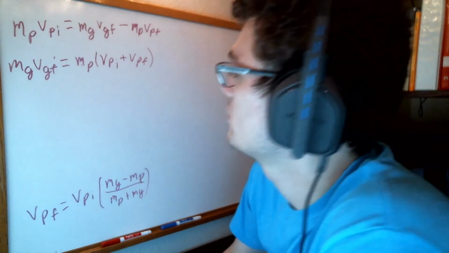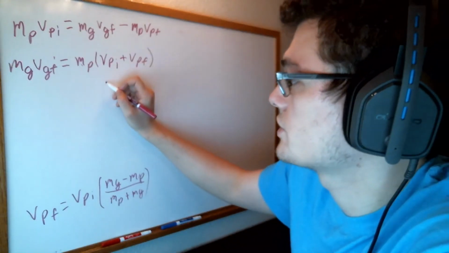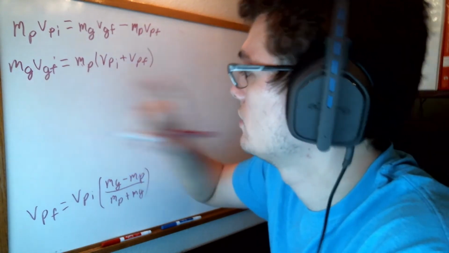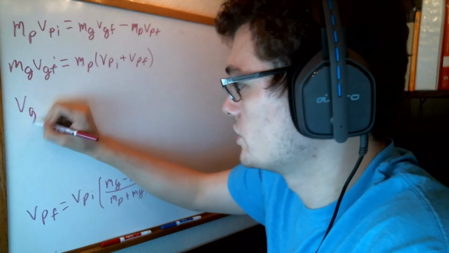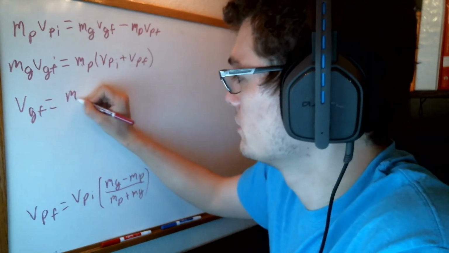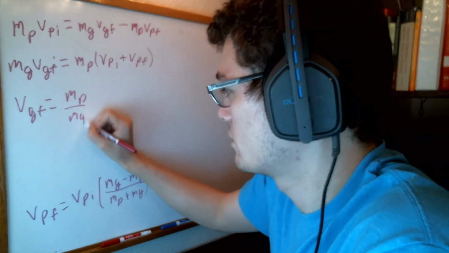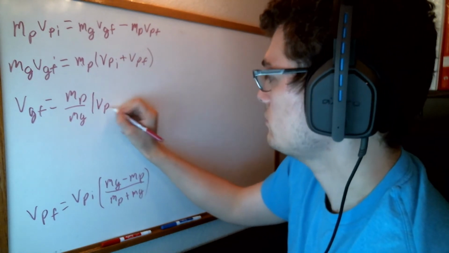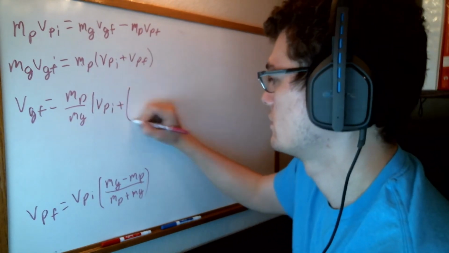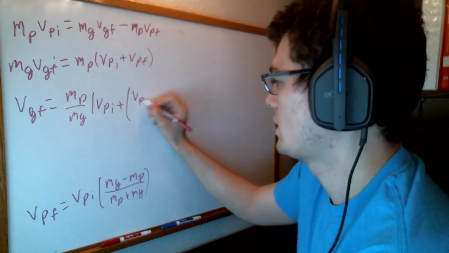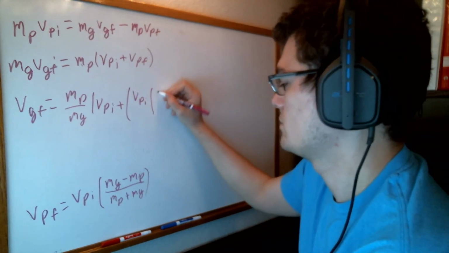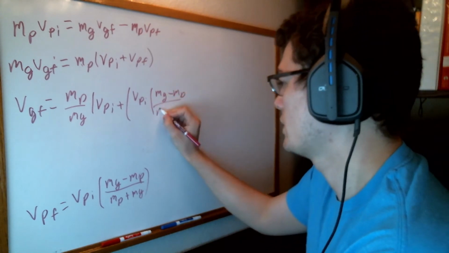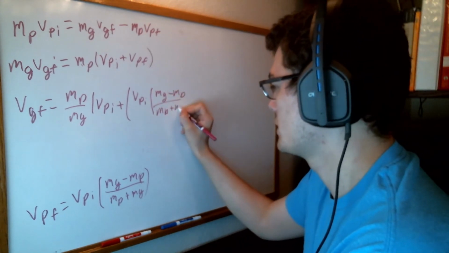And so then we know the mass of the puck, we know the initial velocity, we know the mass of the goalie, and so then we can say that vgf is equal to mp over mg, then vpi plus vpi times the ratio of mg minus mp all over mp plus mg.